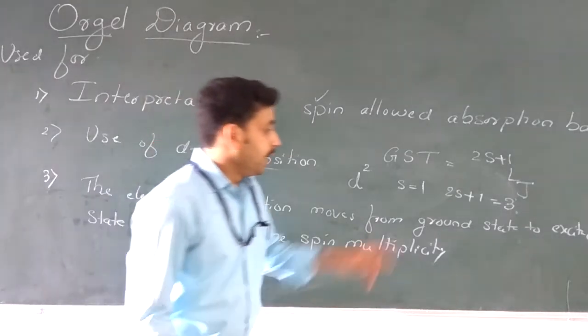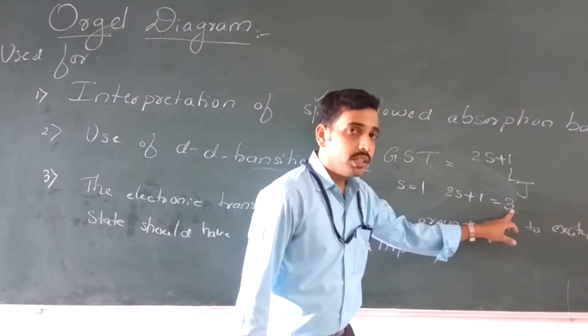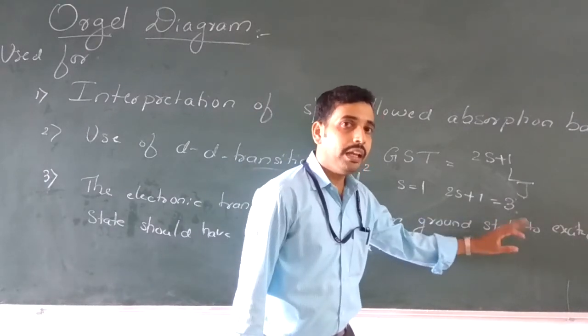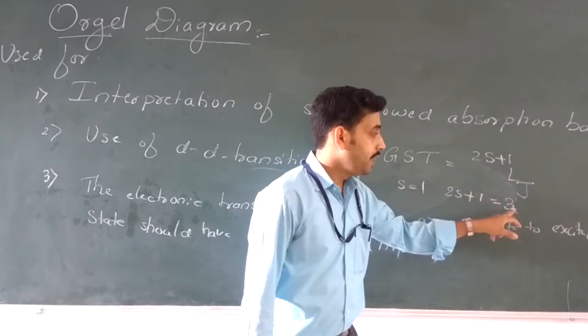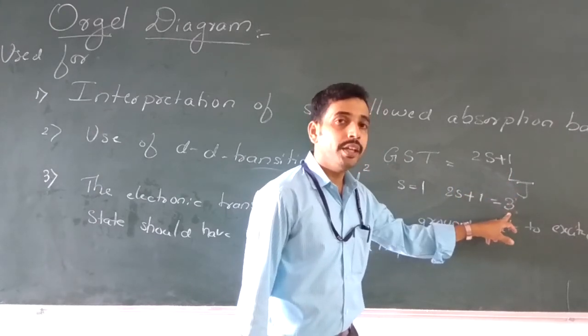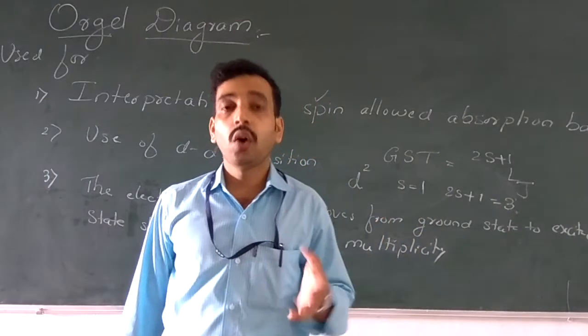It means in the ground energy level, its spin multiplicity should be 3, and when it is excited to the higher energy level, its spin multiplicity should be 3 only. It does not change to 2, 1 or 5.